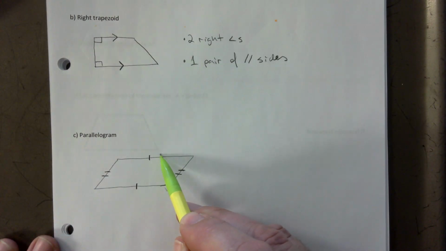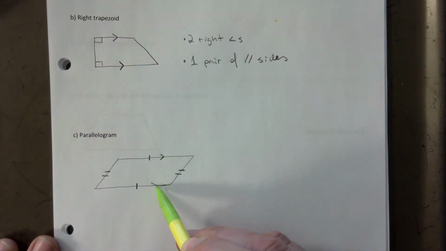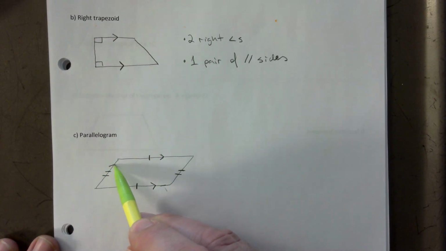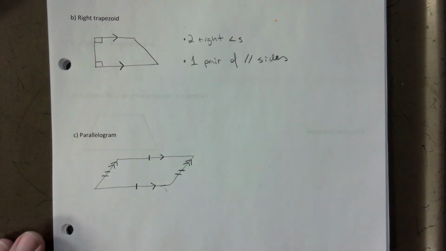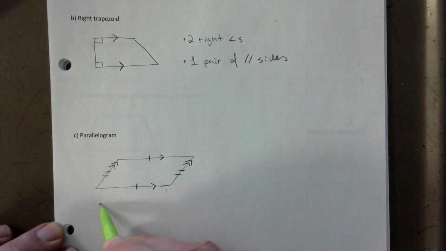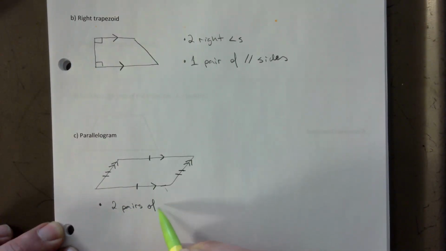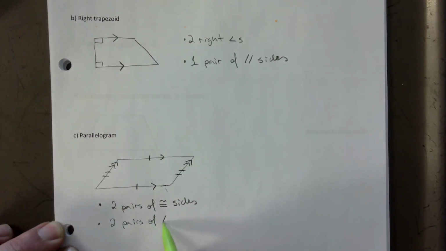You can also say that the top is parallel to the bottom, and the sides are also parallel to each other. Very busy, I know, but 2 pairs of congruent sides, 2 pairs of parallel sides.